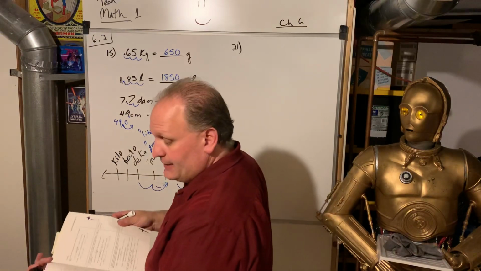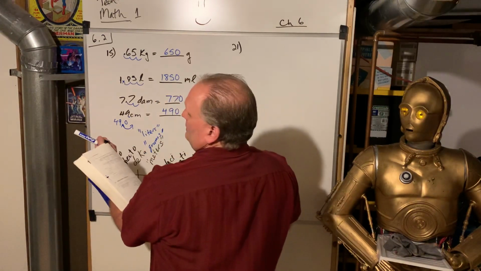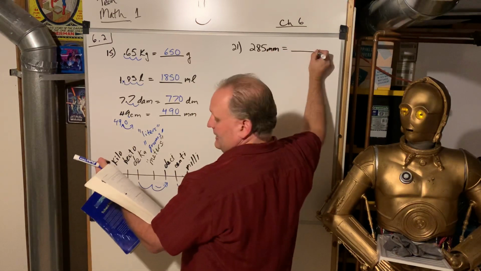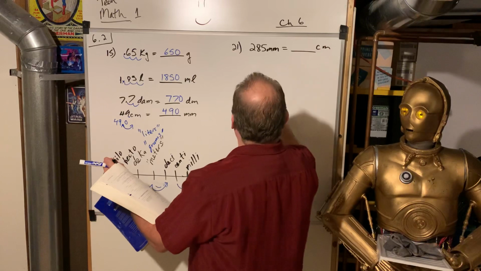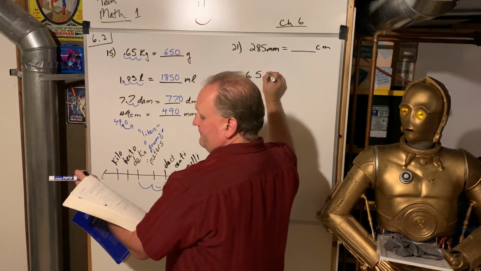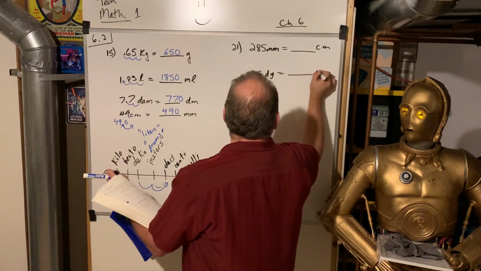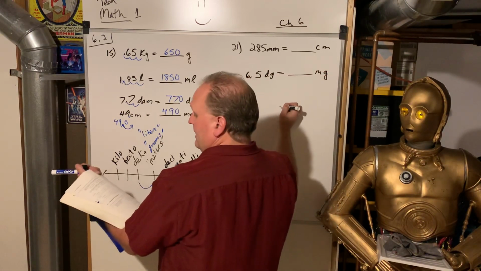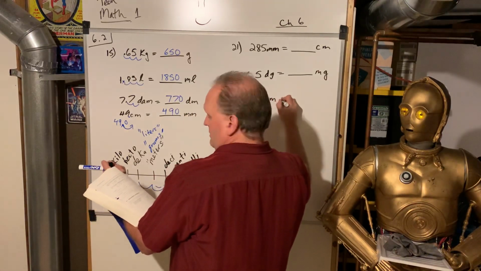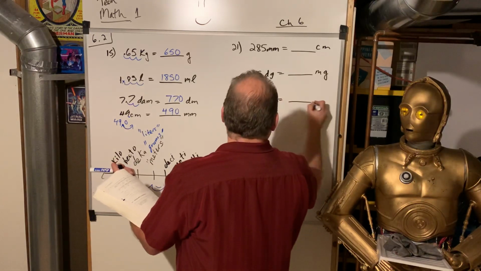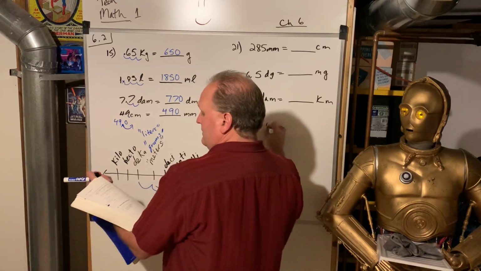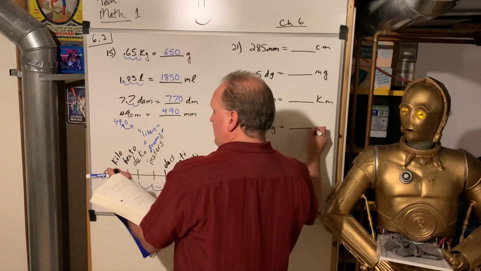In 21 we've got 285 millimeters is how many centimeters, and 6.5 decigrams is how many milligrams, and 95 decameters is how many kilometers, and 149 kilograms is how many hectograms.